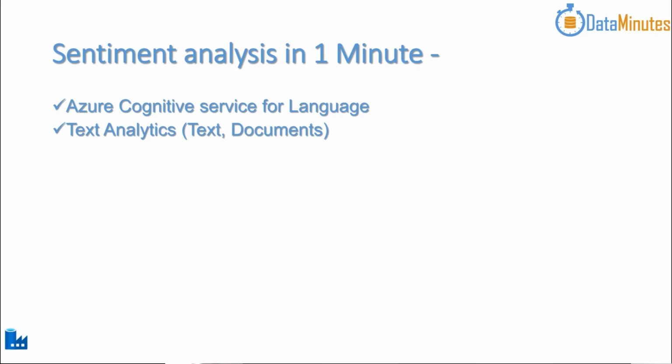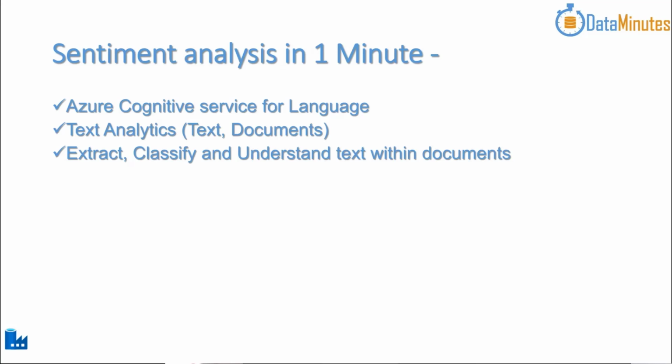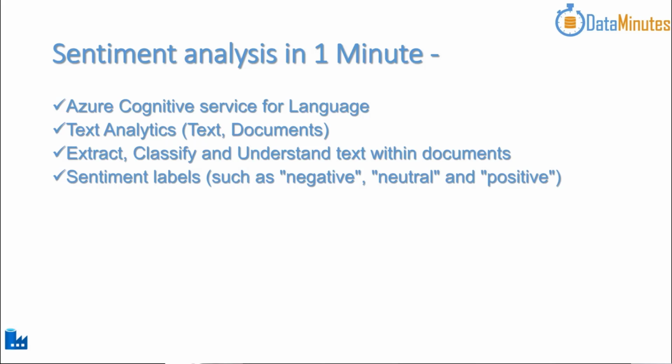It analyzes text, whether a small paragraph or big documents, applies text analytics to it, and extracts, classifies, and understands the text within your documents. It gives sentiment labels such as negative, neutral, positive. It's just a natural language processing technique or algorithm.